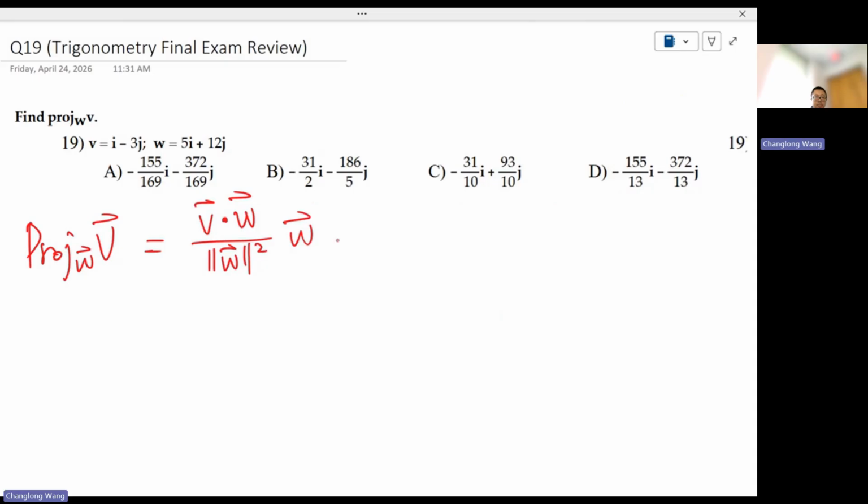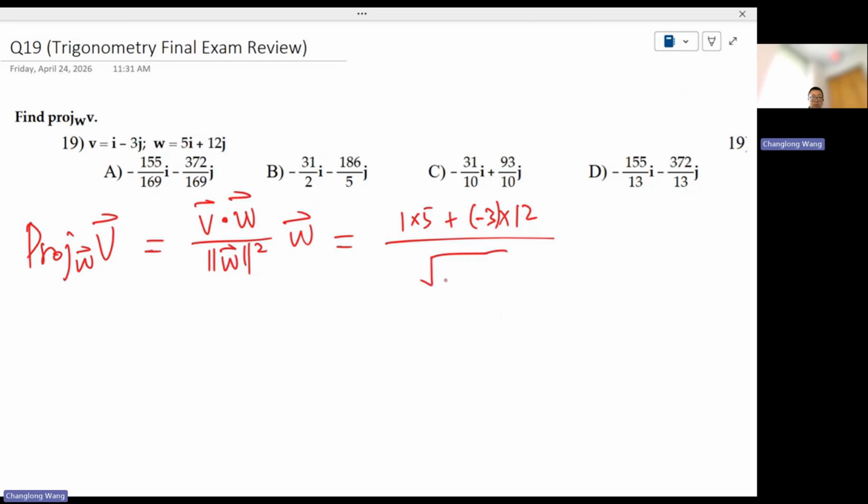So now the dot product: you just grab the X for the V and the X for the W, multiply them, so it'll be 1 times 5, plus the Y for the V, which is -3, and the Y for the W, which is 12, so it'll be -3 times 12 over the magnitude squared.